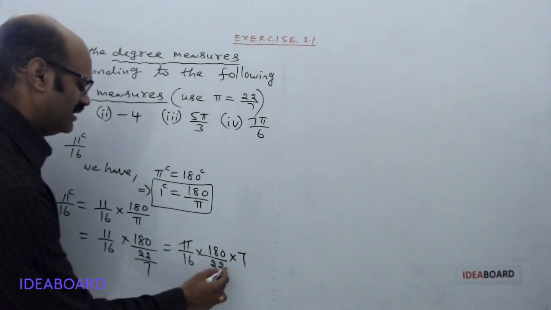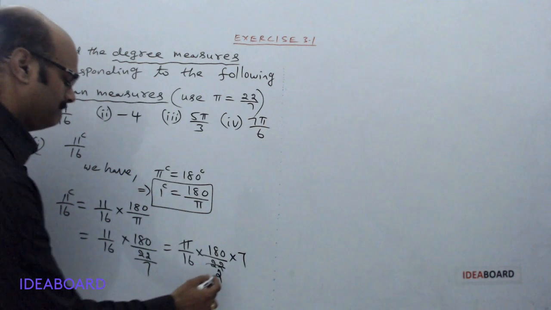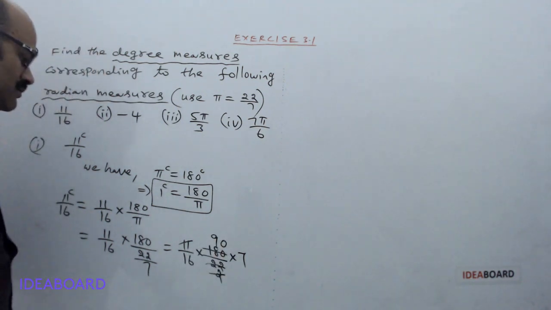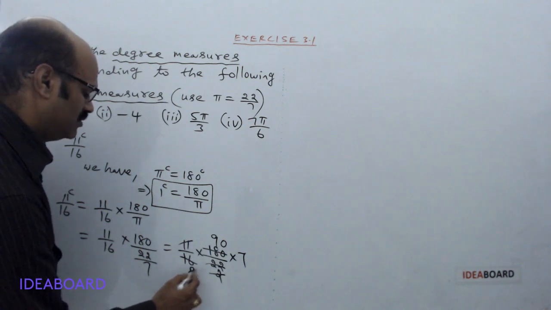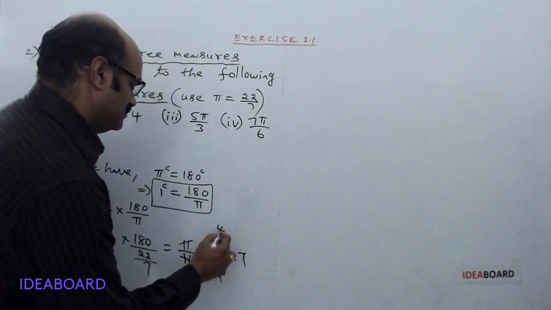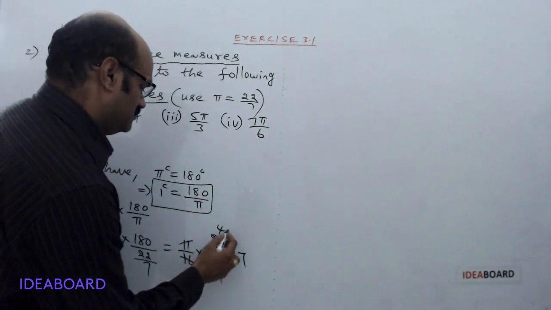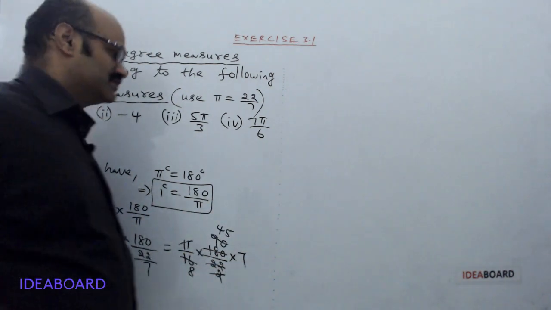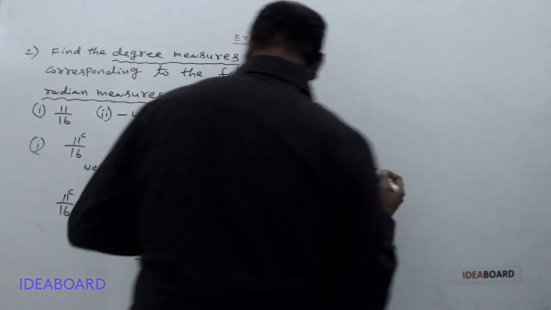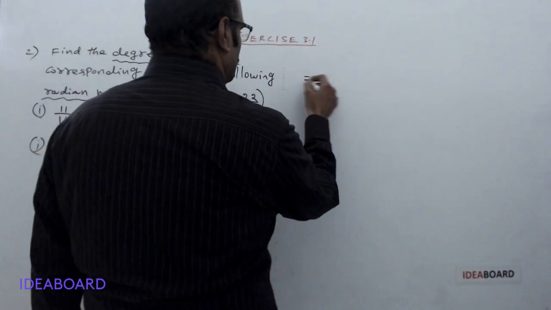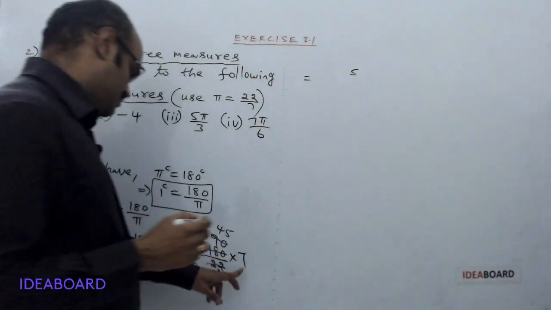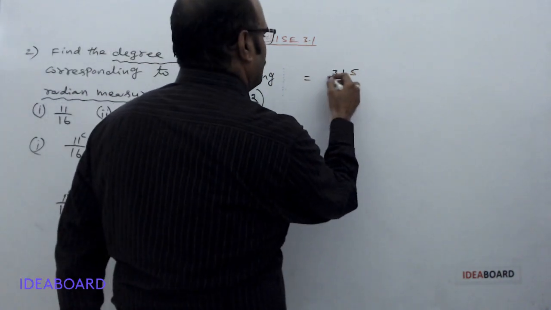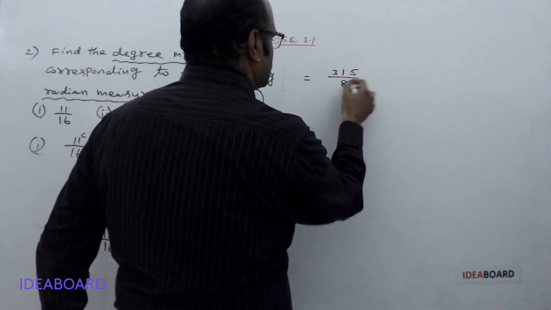Here we are having 11 twos, 2 nines, 2 eights, so that we are having 45 into 7, which is equal to 315 by 8 degrees.